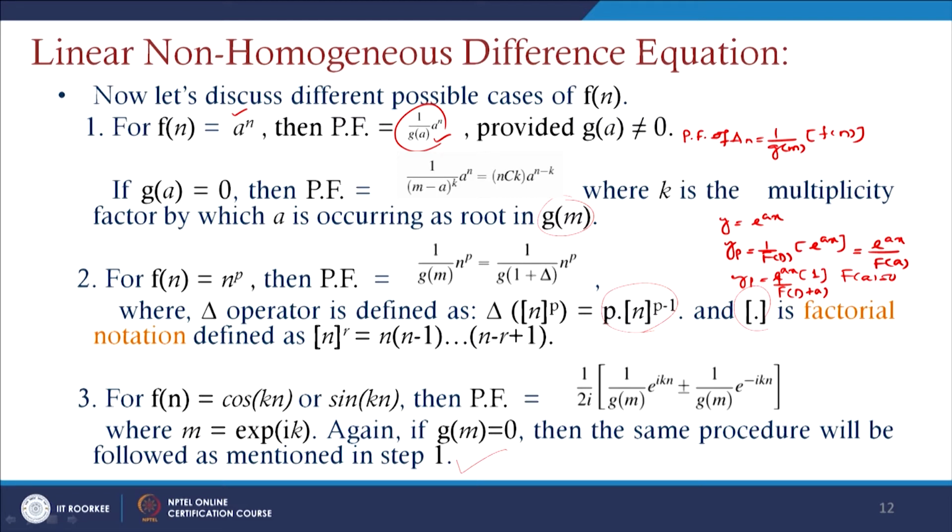And if you see here, this represents a combination series, that is in the form of nCk a to the power n minus k. Since this is a geometric series up to n minus 1 terms, we can consider it in the form of k here. That is why it has been written in the form of the first term. It can be taken as the constant term, and then it simultaneously increases.